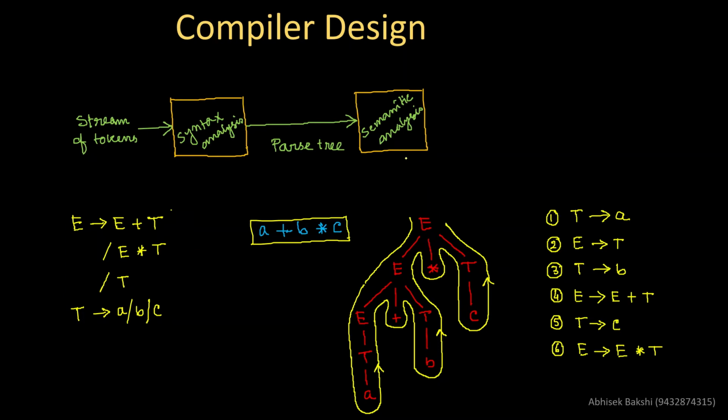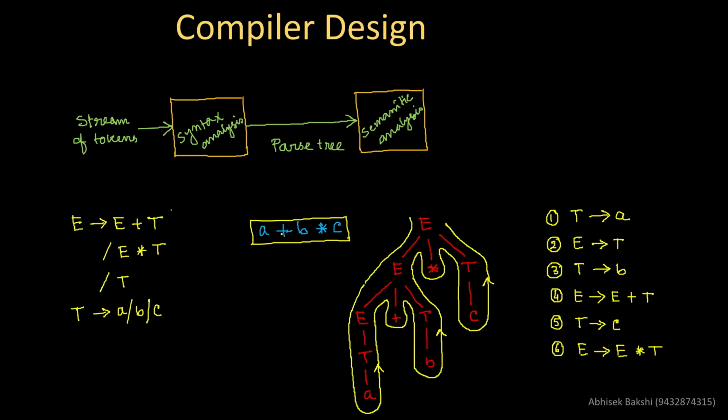So semantic analysis knows that among these production rules, these are the order by which I should execute to generate this particular string. Now, string generation is not the only important thing. What is important is that I have to ultimately evaluate this string, because A is a variable in my program, maybe A has a value, say 10, B has a value, say 20.